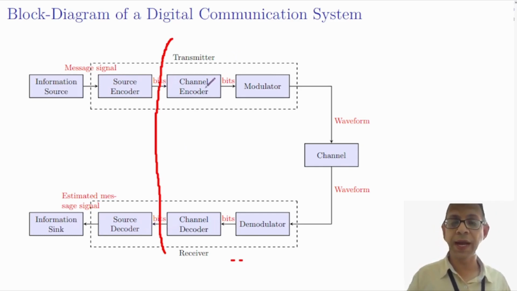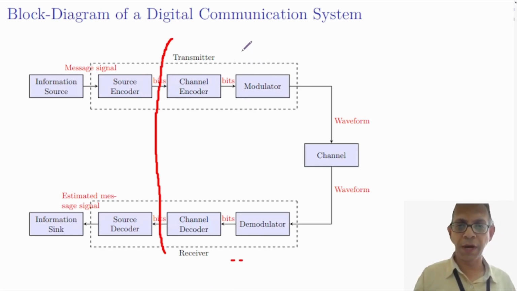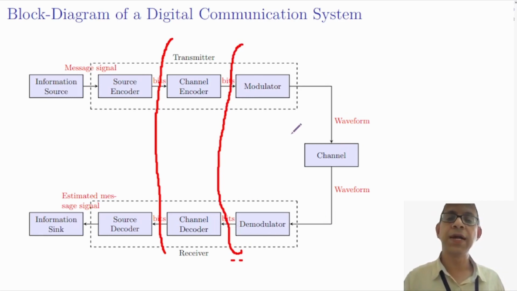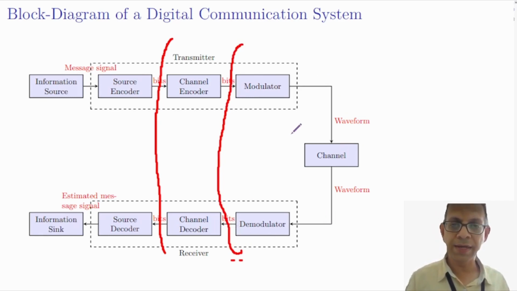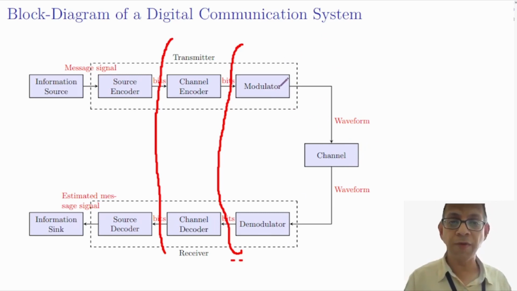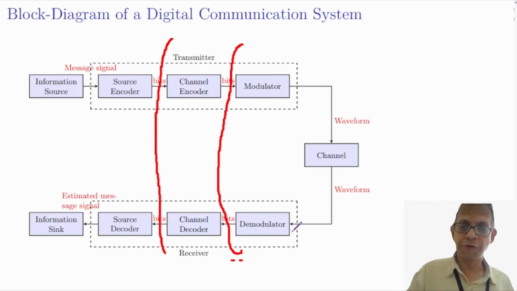Similarly, if we are looking at the channel encoder decoder block and we want to study this part, then again this entire thing can be thought of as a digital channel or a binary channel. However, if we are looking at the modulator demodulator part, then this channel is an analog channel. It is a waveform channel, because what goes out of the modulator block is a waveform, and what comes into the demodulator block is also a waveform.